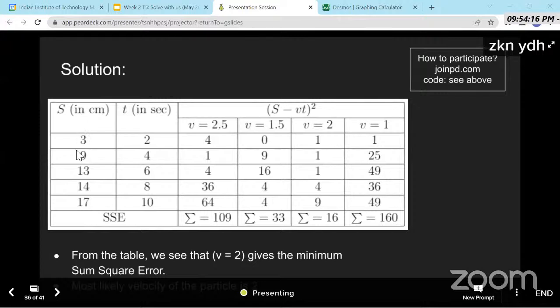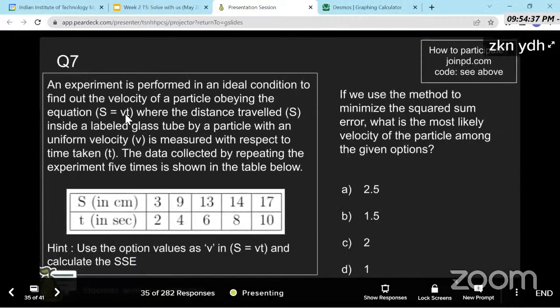Agree or not? Yes, sir. So this S is given data, and using this VT, let's say my V was 2.5, for different times I can get the S value, because the equation says S is nothing but VT.